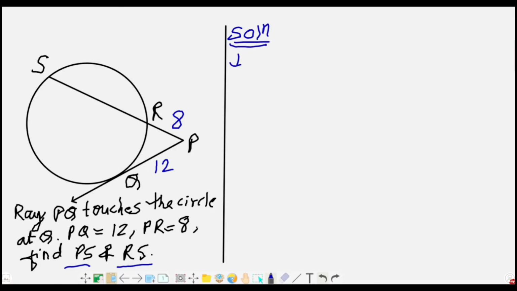First of all, you can apply the theorem of intersecting tangent and secant, or property of intersecting tangent and secant. You know how to apply. PQ square equals PR into PS.